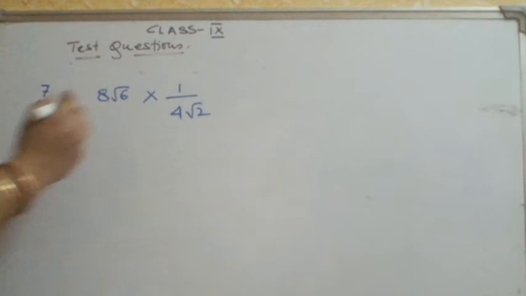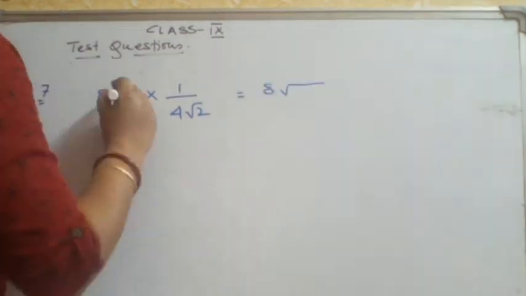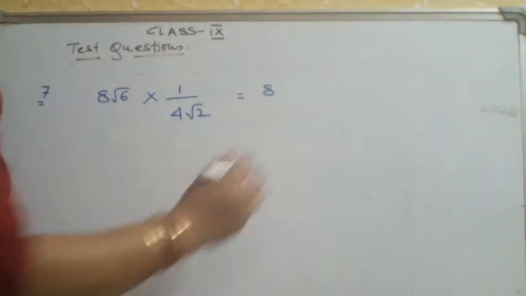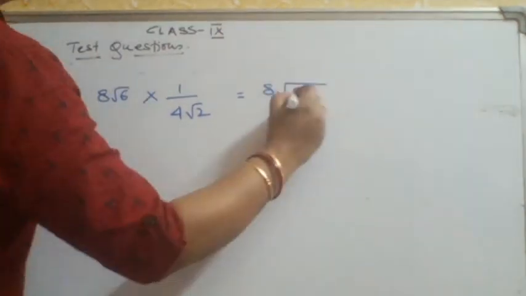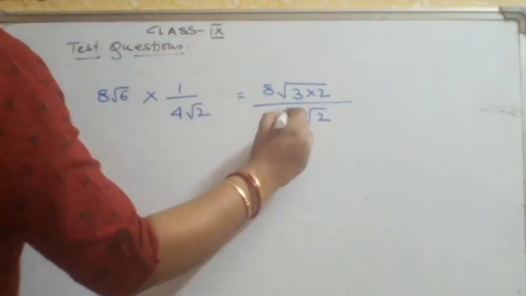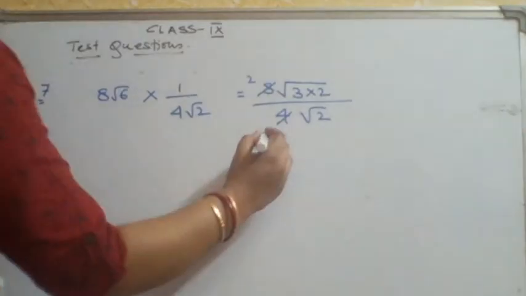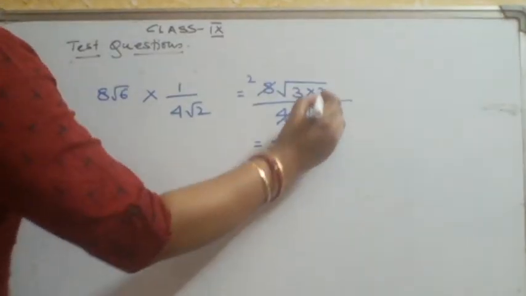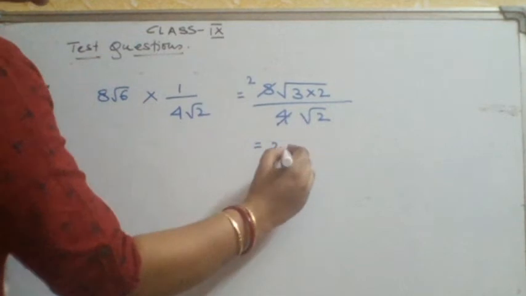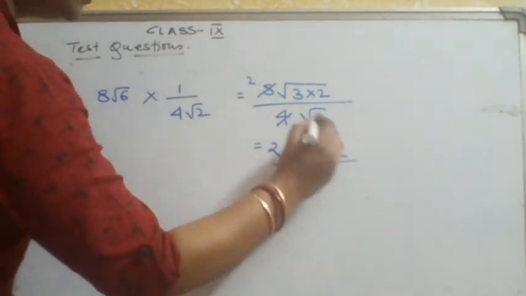So this is equal to 8 into root 6. If you find the prime factors, 3 into 2, upon 4 root 2. 4 and 8 will get cancelled. This is 2. Root 2 and root 2 will get cancelled. This is your root 3 into root 2, upon this root 2.